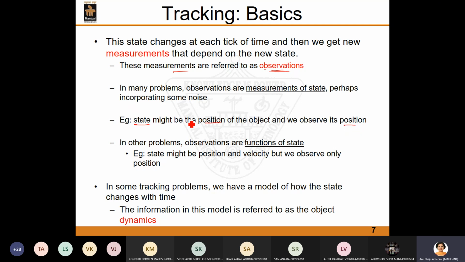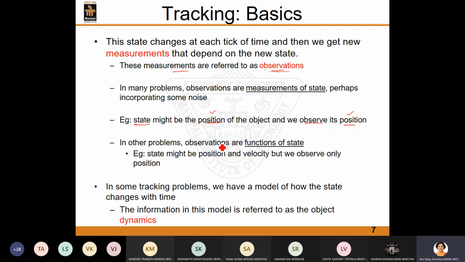For example, if you're looking at the position of an object as the state, it may also be possible to find out the position of that particular object as the observation. So we are observing the position of the object. Here the attributes associated with the state and the observations are the same. It need not always be the same. It could be something different that we are observing.